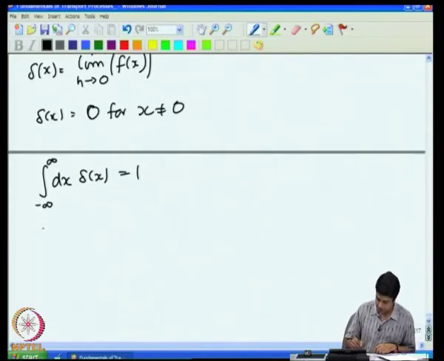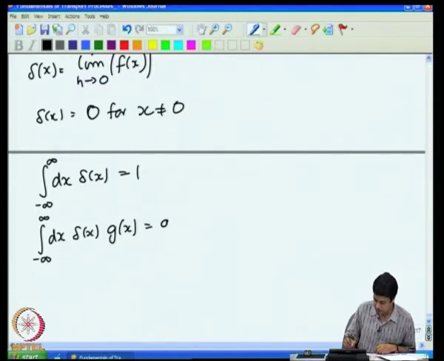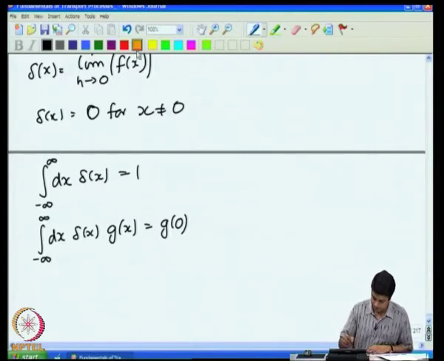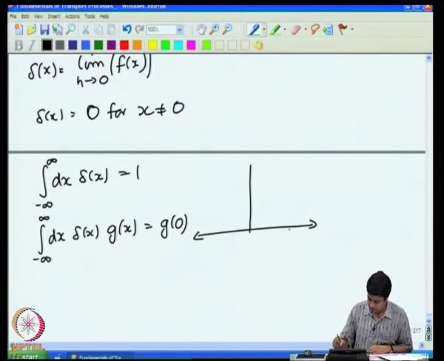In addition, there is another property: the integral from minus infinity to infinity dx delta of x times any function g of x is equal to g at 0. Let me explain this in a little more detail. This is x, and this is the function g of x.